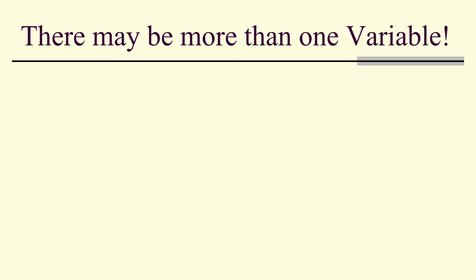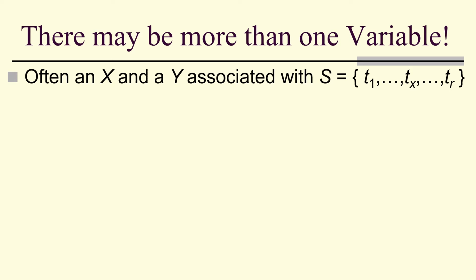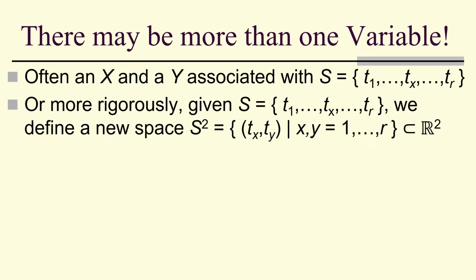Now, in addition, there also is often more than one variable. So we may have two variables associated with the same set. Or more rigorously, given a sample space, we'll look at a new sample space of pairs of outcomes from the original sample space.